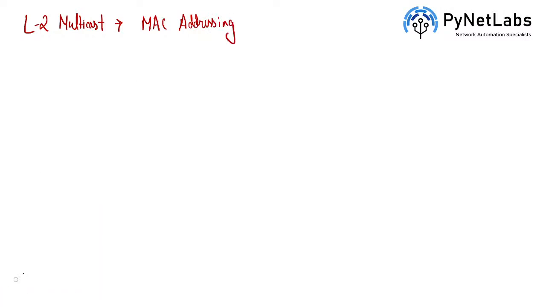When it comes to the multicast MAC address, I already told you previously that source IP is unicast, and destination IP is already a multicast IP. This is the basic difference we have seen as of now.